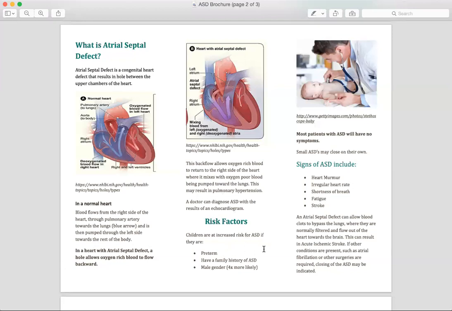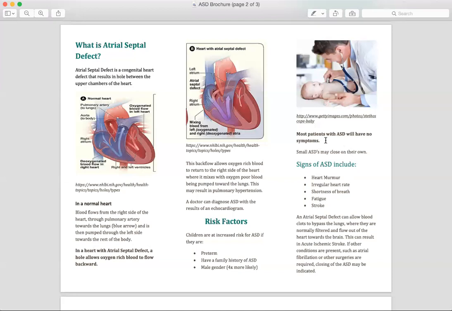If the septum purely has not had time to form, it could result in atrial septal defects. Family history of ASD also indicates that it's more likely for future children to have the same issue. And children born of the male gender are 4 times as likely as females to have some form of ASD.